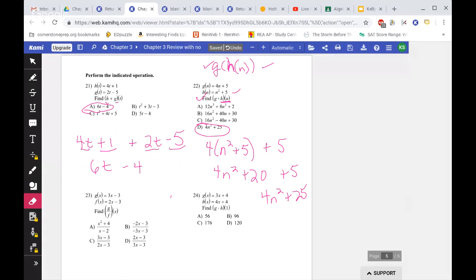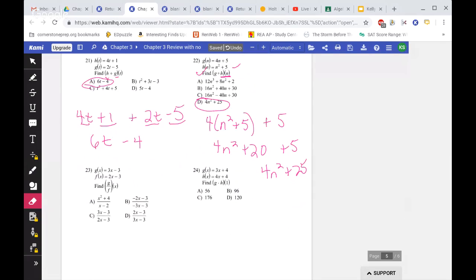Okay. And number 24 is actually multiplication. But this was interesting, because Miss Wynn and I actually had to talk about this. So what you're doing is defining both of them at the number 1.